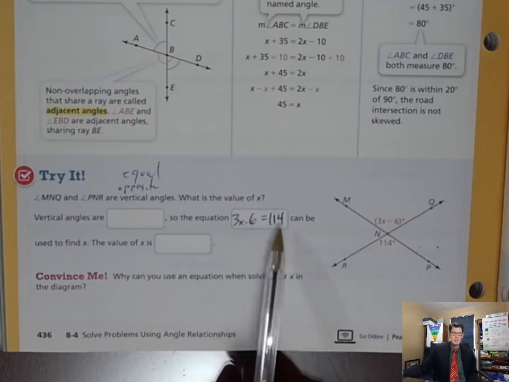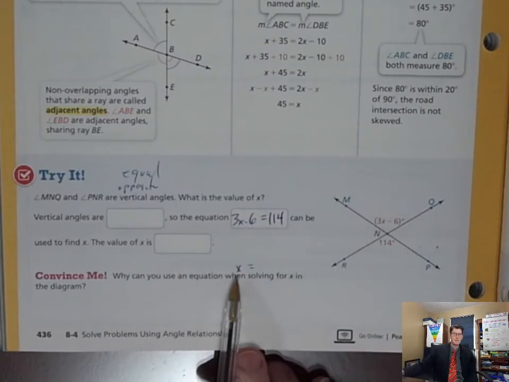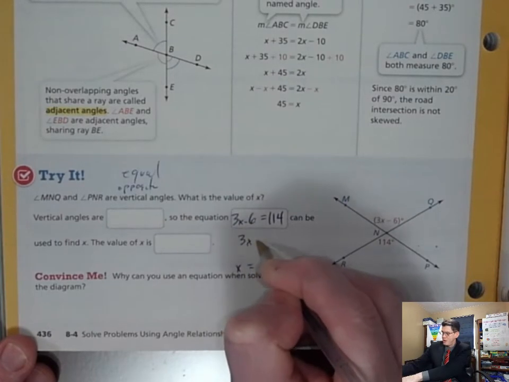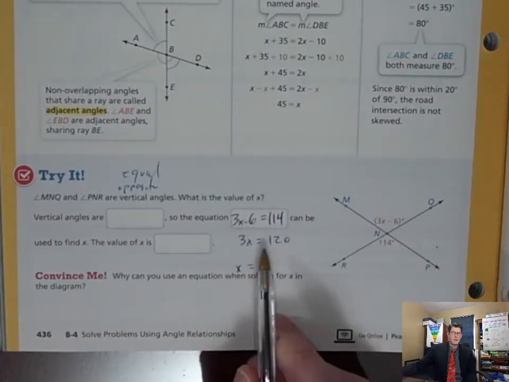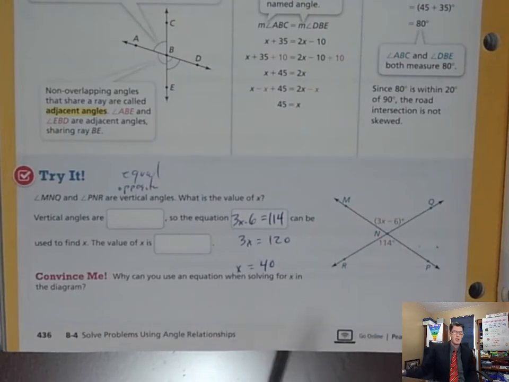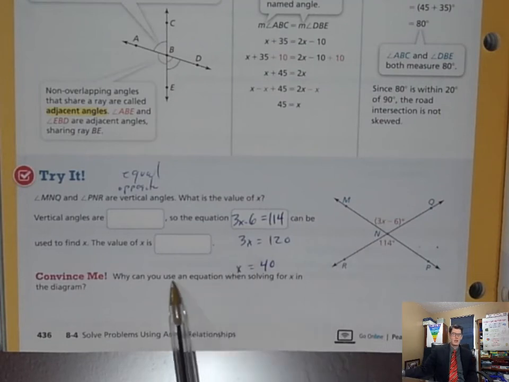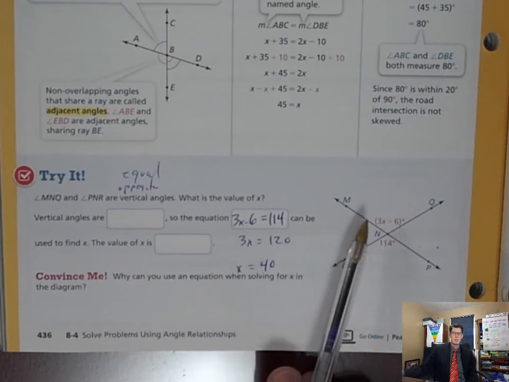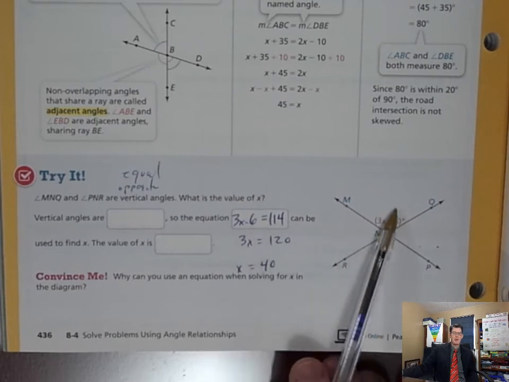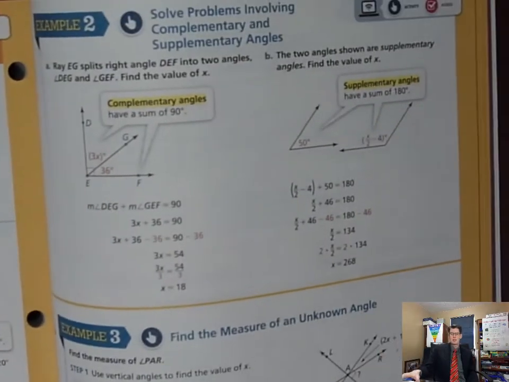So if I add 6 to both sides, trying to get X all by itself, 3X becomes 120. And if you divide both sides by 3, calculator if you need, X becomes 40. So the X value right here is 40. Why can you use an equation when solving for this? Because you know that they're equal. So take that equal sign, and put one angle on one side of the equal sign and one angle on the other side.